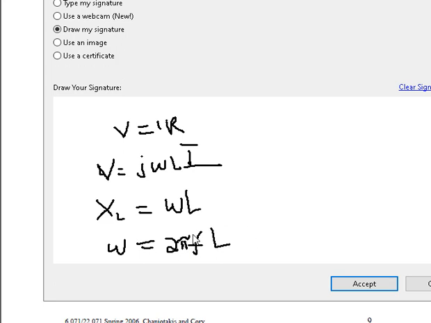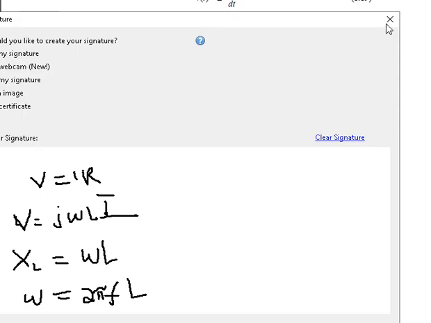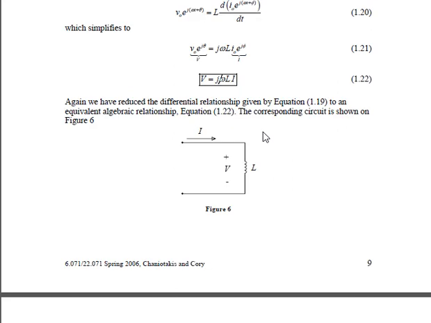So 2 pi multiplied by the frequency and the inductance. Take note of this one. Always remember that for us to be able to solve a series combination of a resistor, capacitor and inductor, we first need to represent them into a frequency domain using the equivalent impedance or reactance of the capacitor and inductor. Okay?